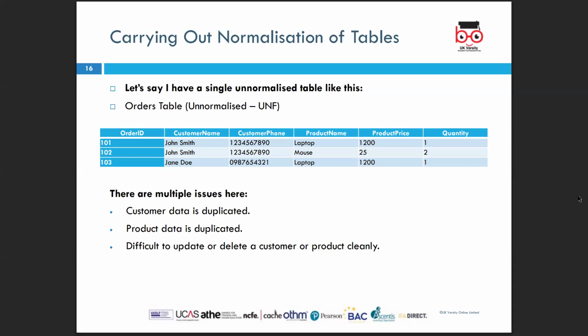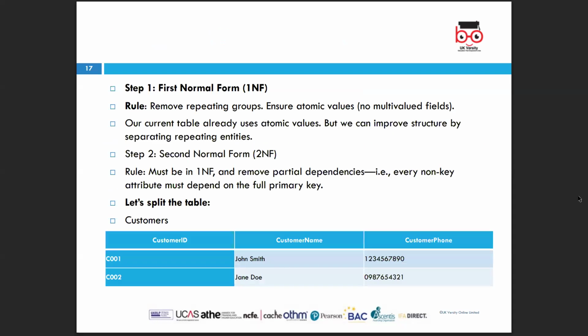We can see that there are multiple issues here. Customer data is duplicated, product data is duplicated, and it is difficult to update or delete customer or product data cleanly.